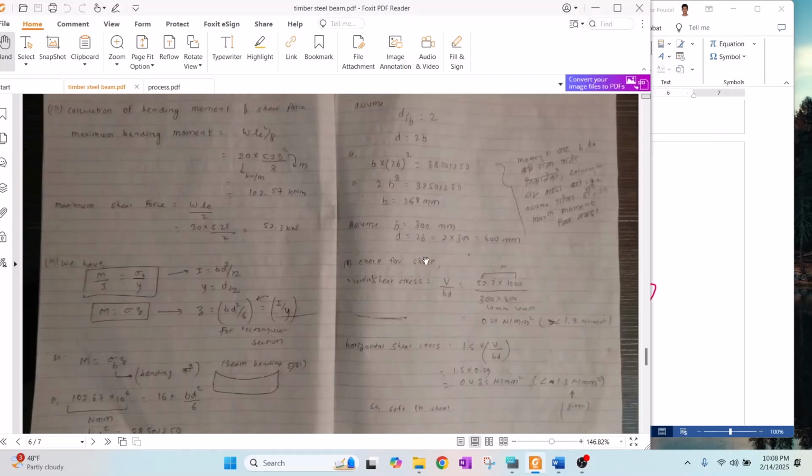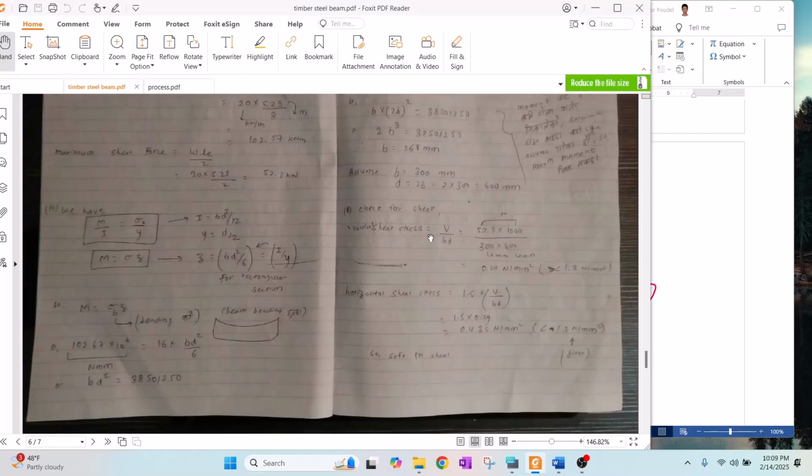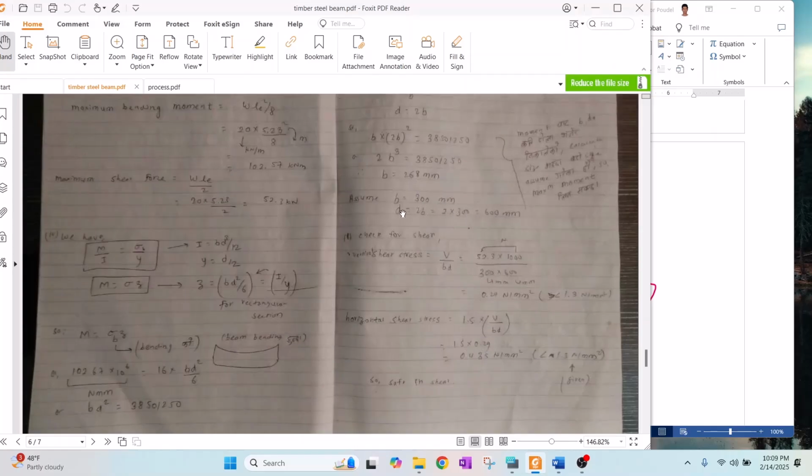So we can assume 300 by 600 mm, a slightly more value than calculated, rounded up to a multiple of 25, or you can also use a multiple of 50. So we have assumed the values of b and d as 300 mm and 600 mm.